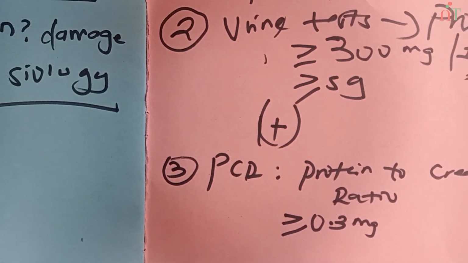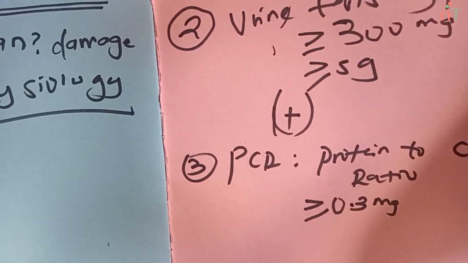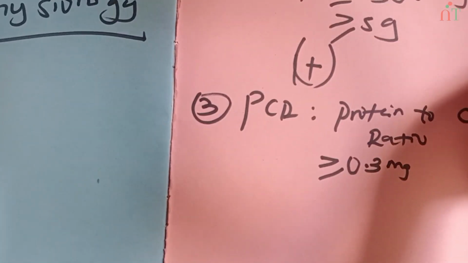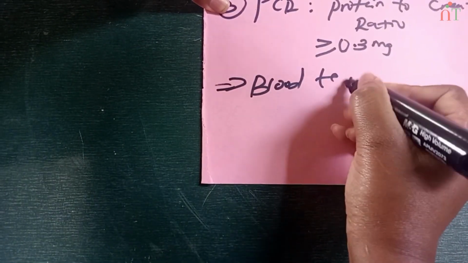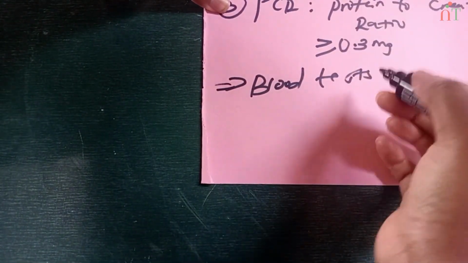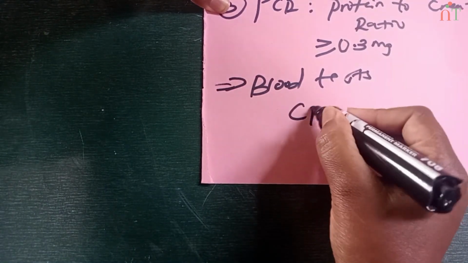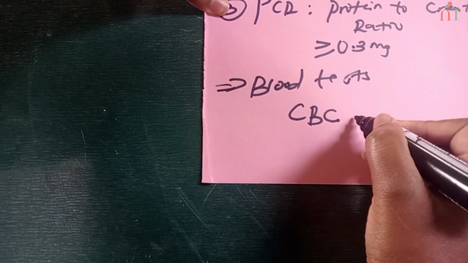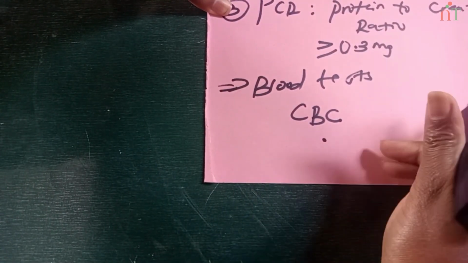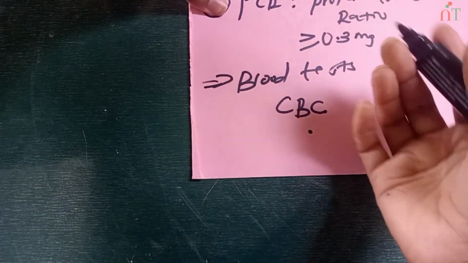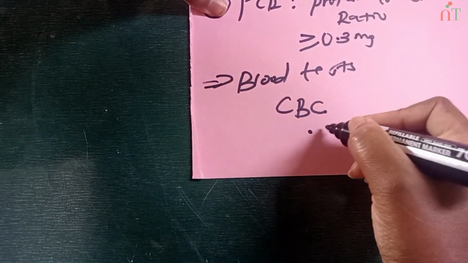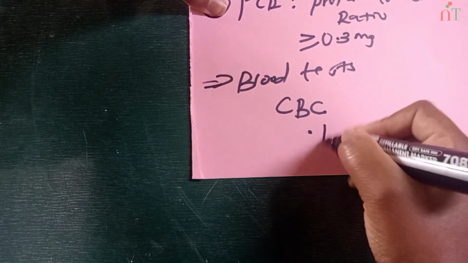And now let us talk about blood tests, or the blood work. What tests are you supposed to do? One is the complete blood count, where you're going to observe, for example, the platelets.